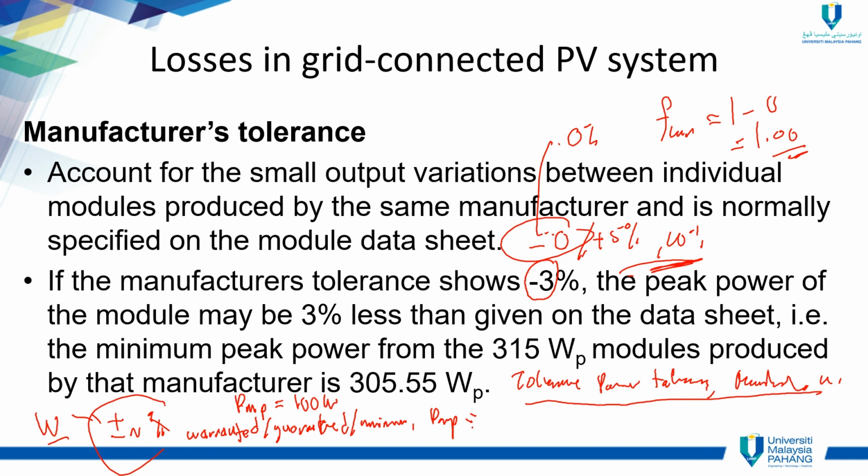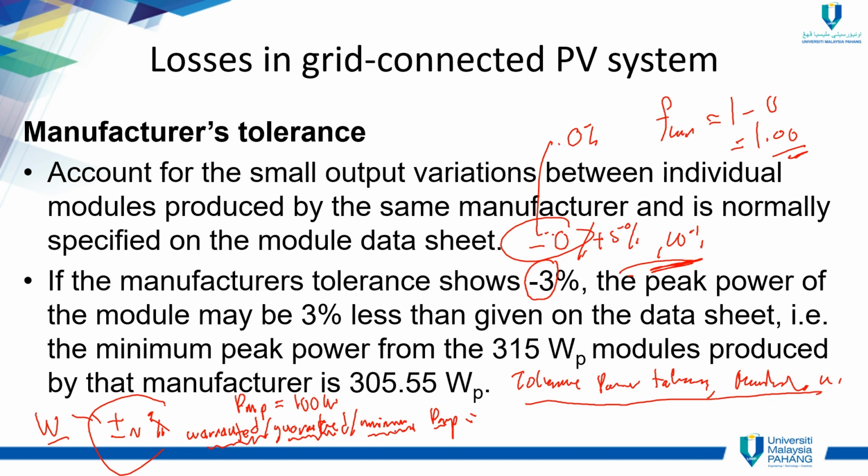I repeat, if you can't find the percentage of the tolerance, you try to find everything here and there, you cannot find that, then please search for this wording. Okay, warranted or guaranteed or minimum PMP. Means warranted power ke warranted PMP ke whatever lah.